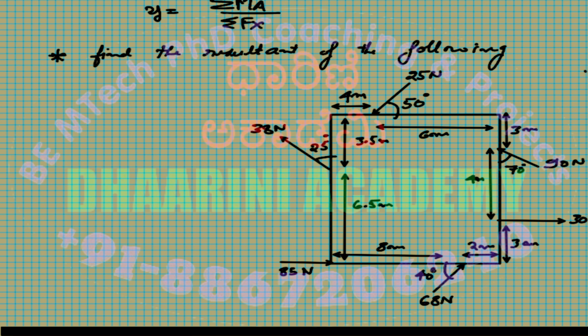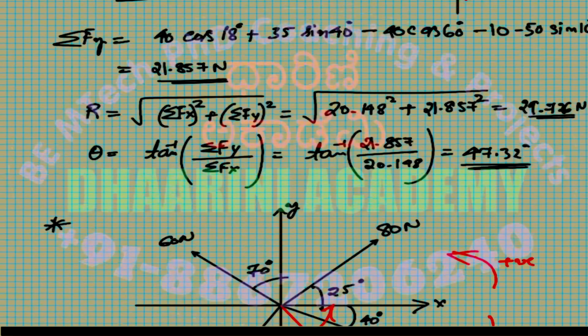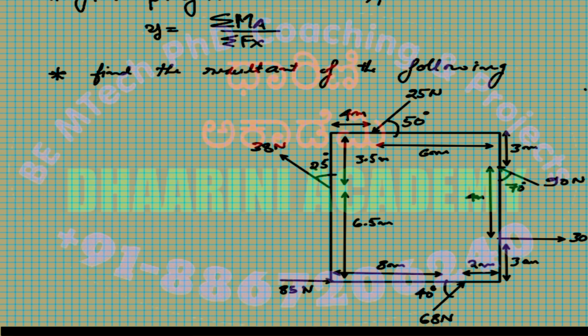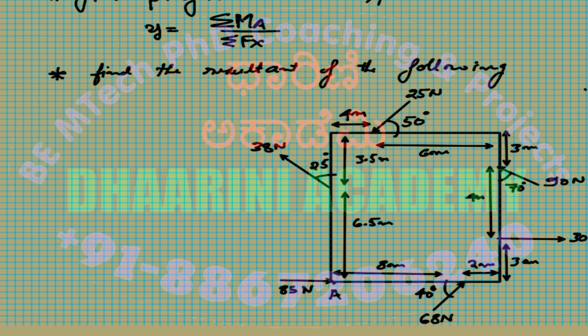Let me take any one corner, say this is the point A. So every answer is with respect to this point. From this point, the resultant is located at this distance, and the moment is this one. Like that, I have to calculate.